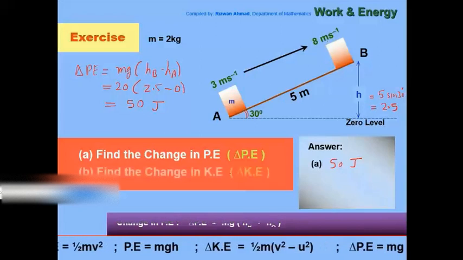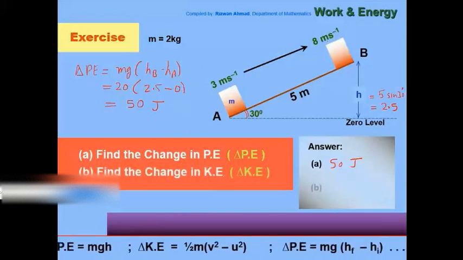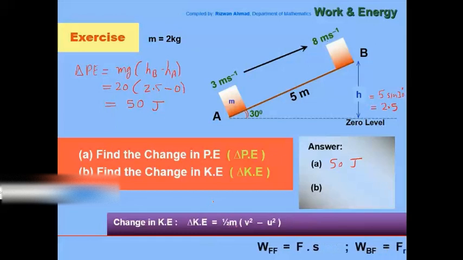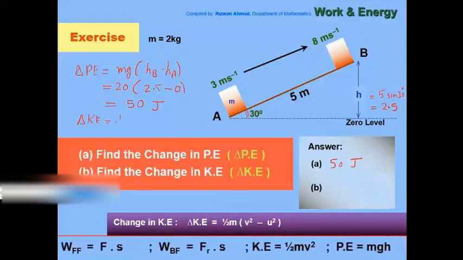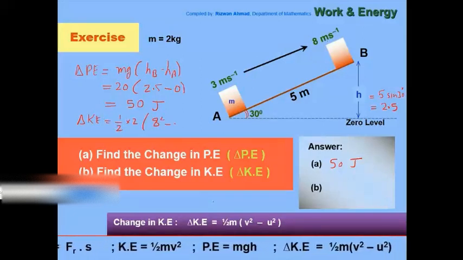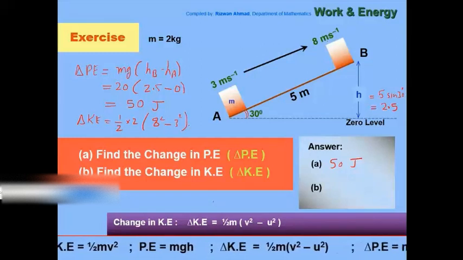Okay, now the change in kinetic energy. We know that the change in kinetic energy is half m into v square minus u square. So it means delta KE will be equal to half into 2 into 8 square minus 3 square.